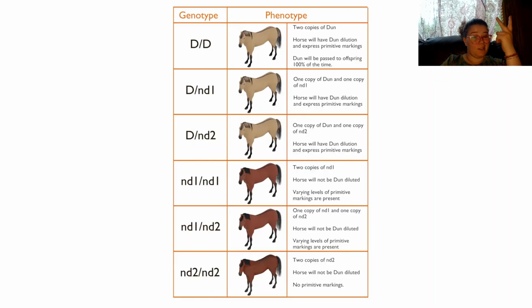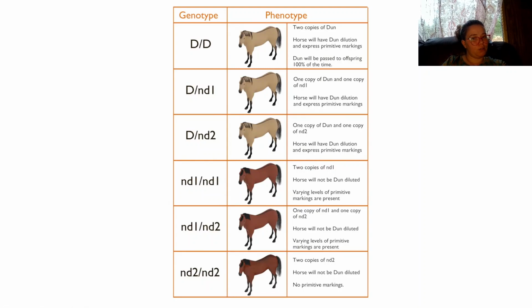If she passes the non-dominant gene, and you breed her with someone that also might not pass the dominant gene, you're going to end up down here. Which means you're not going to get a dun baby. You're going to get one of these guys. And you wanted a dun baby.